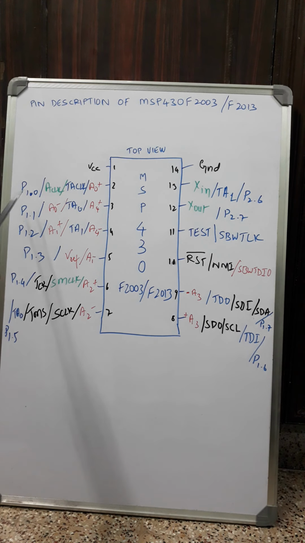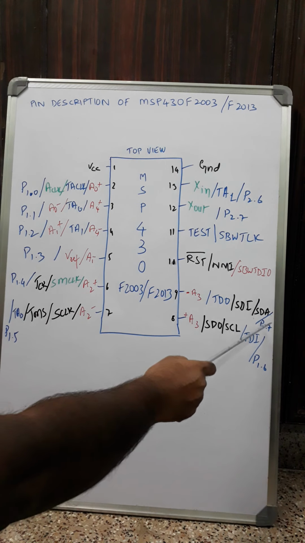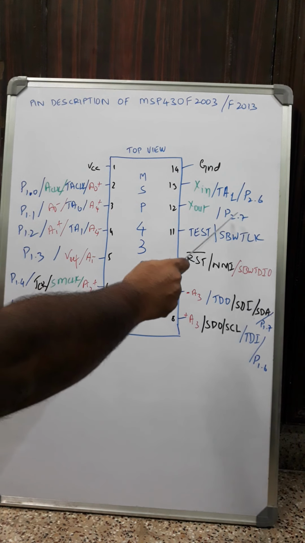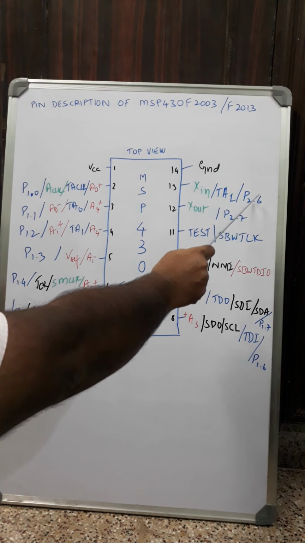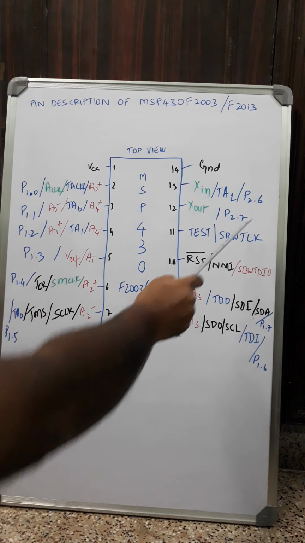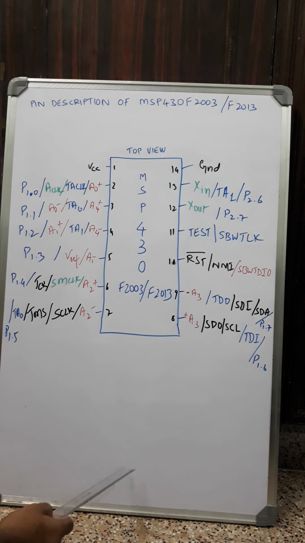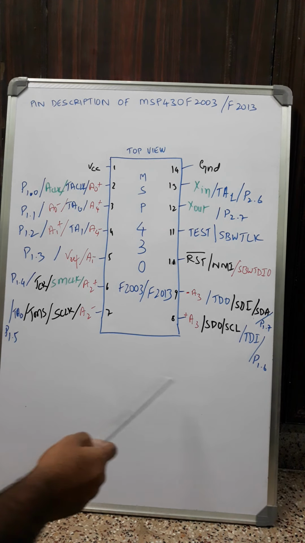Only that here in this description I have shown only P1.0 to P1.7. That means P1.0 to P1.7, 8 lines are there in port 1. Like that, for port 2 I have shown only P2.6 and P2.7, whereas if 6 more pins were there, they would have represented P2.0 to P2.5.